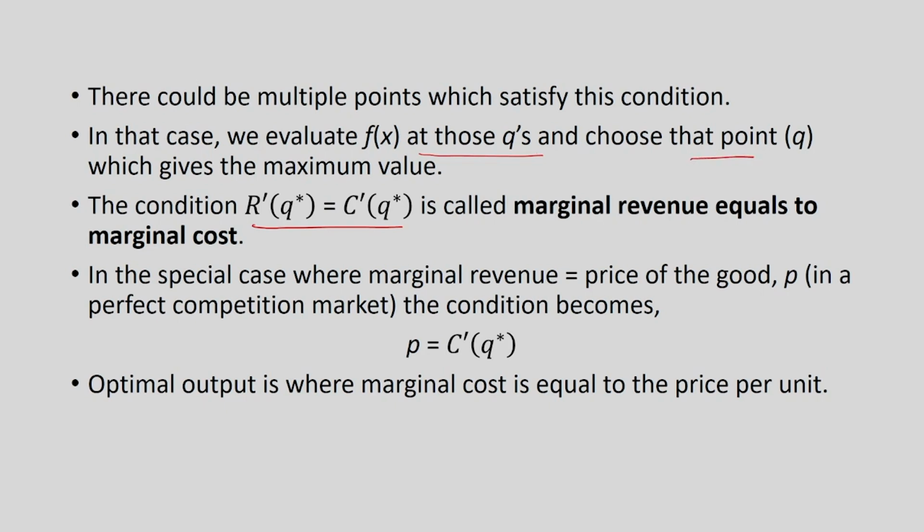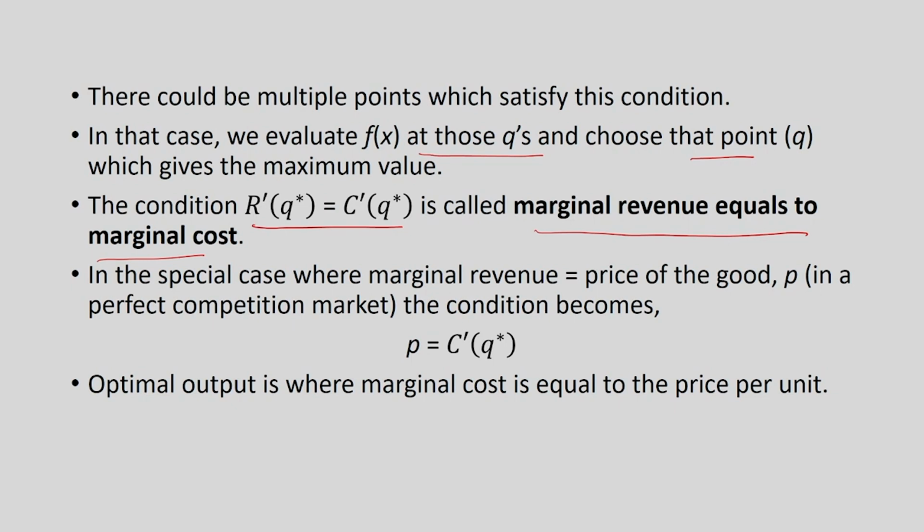The condition R dash Q star is equal to C dash Q star is called the marginal revenue equals marginal cost condition. Why am I calling this the marginal revenue equals marginal cost condition?